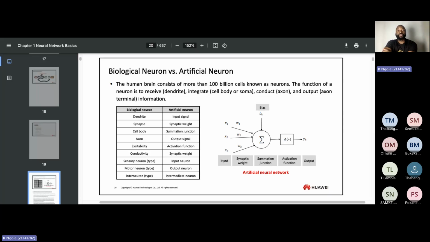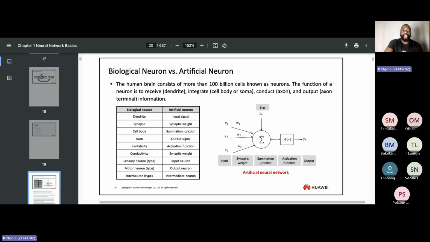All right. So in an artificial neural network, we're going to have an input layer where we're going to have all the features from the data that we have. And then we're going to have the weight. So this weight is how much of this information contributes to this object.